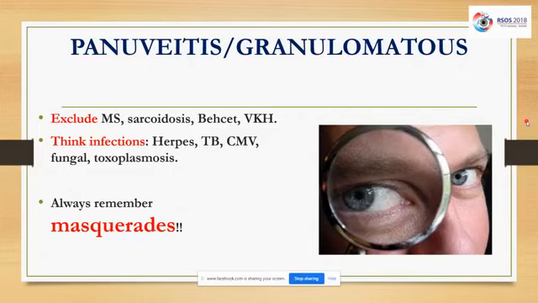In Behçet, definitely you will find some vasculitic element, and in Vogt-Koyanagi-Harada, it's easy to be diagnosed by exudative retinal detachment with presence of granulomatous inflammation in other parts of the eye. The infections are very important, and those can also be excluded by history. And don't forget the masquerades if you fail to reach a specific etiology.